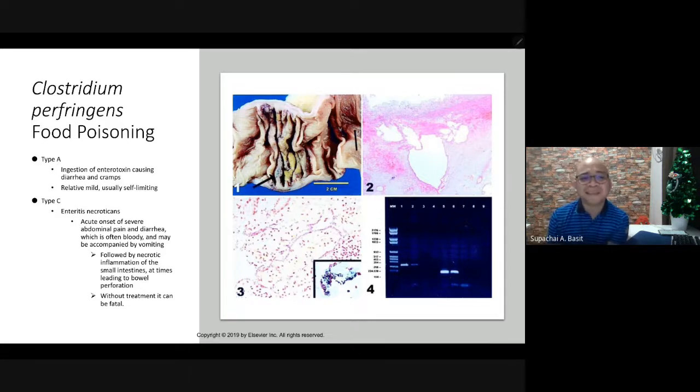But the one that is dangerous is type C, because as you can see here, there is what you call enteritis necroticans.